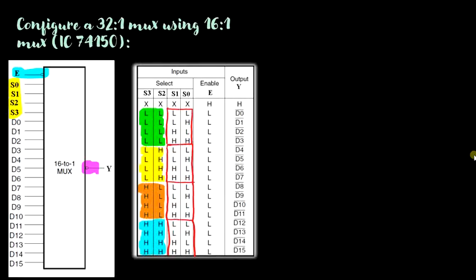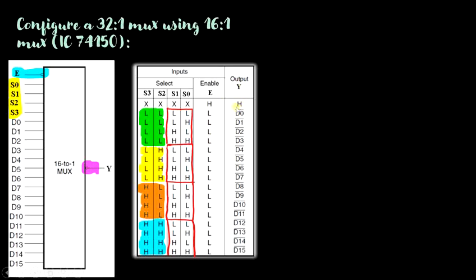Now let us look at the truth table of this particular IC. You can see I am considering the different combinations of the select inputs S3, S2, S1 and S0, and when the enable input is high, irrespective of the select inputs, the output will be active high. The reason why the output will be active high is because of the complement at the output side.